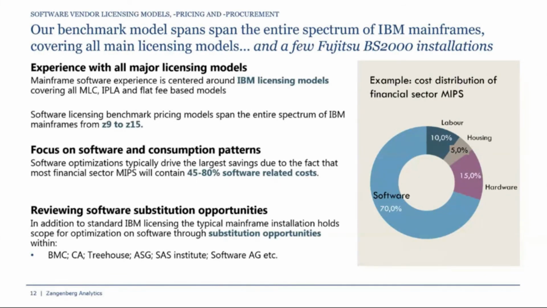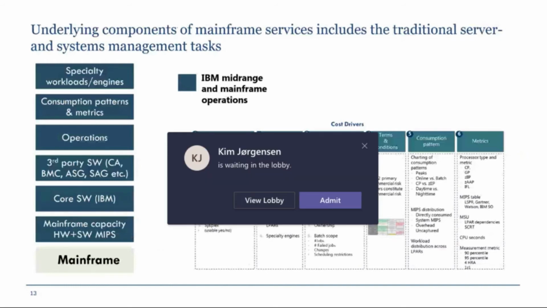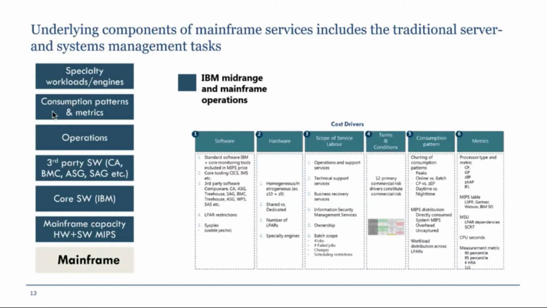So that's why MIPS pricing is meaningless if we don't know what's in the MIPS, and also having the separation of scope is important. To break it down into the main areas that you need to consider, there are 6 areas that drive costs in mainframe. Here it is. The first one is software. I'll just come back to that in a second.